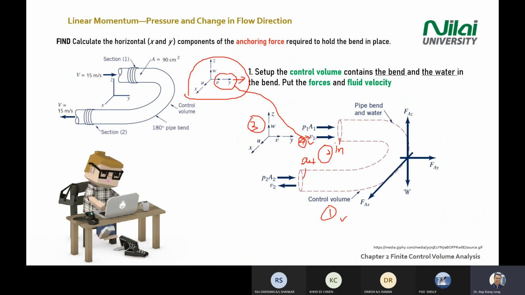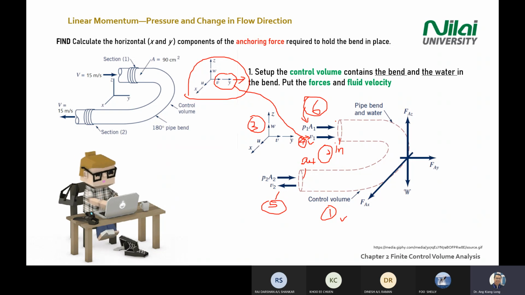After you input the velocity, it's the same with this one. This one also has its velocity coming out along the y-axis, so you are still having a V direction. After you have the velocity, you can input the force. The last one is the force, or the force, pressure, and the reaction force.